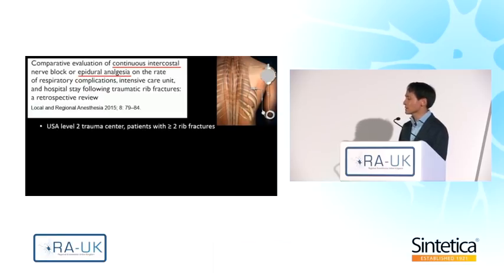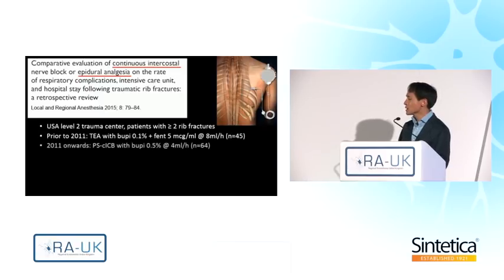It was a retrospective study done in a level 2 trauma center in the US. And interestingly enough, this particular hospital had completely changed practice, probably following through its description of that paraspinal intercostal block. It switched over from doing thoracic epidurals to doing that paraspinal intercostal block. And they then looked at their data to see how it compared.